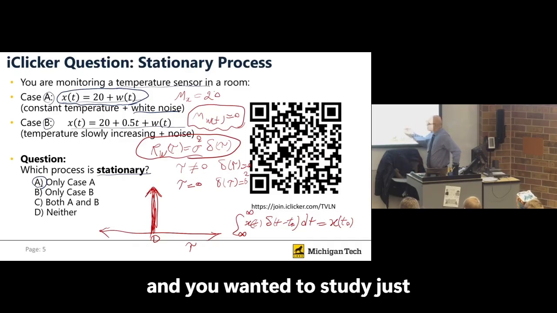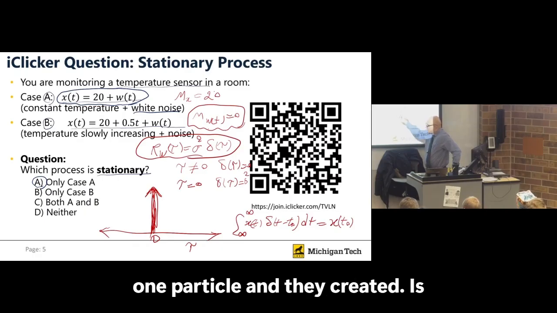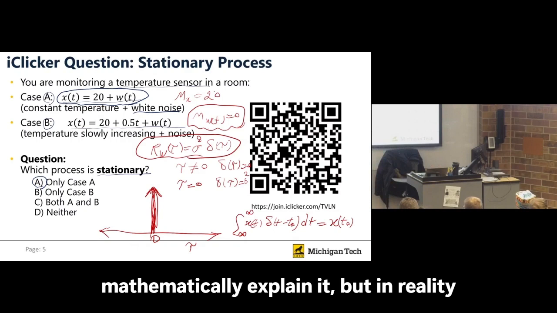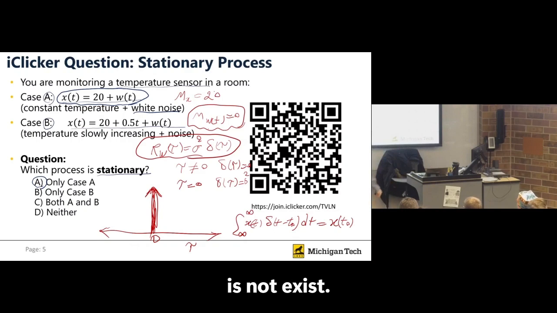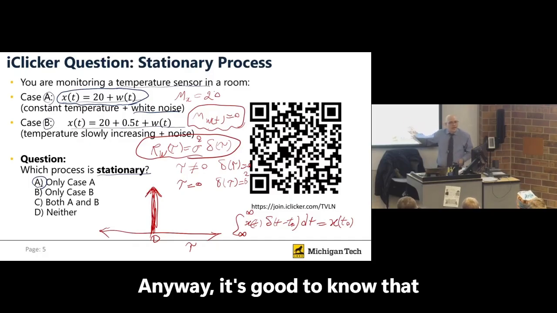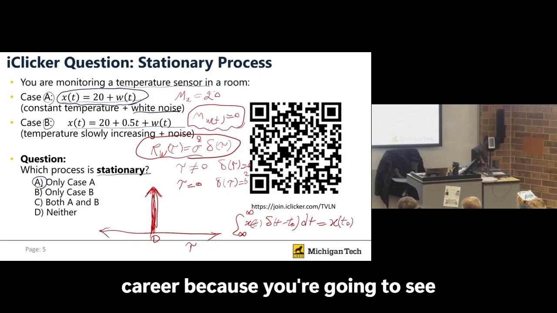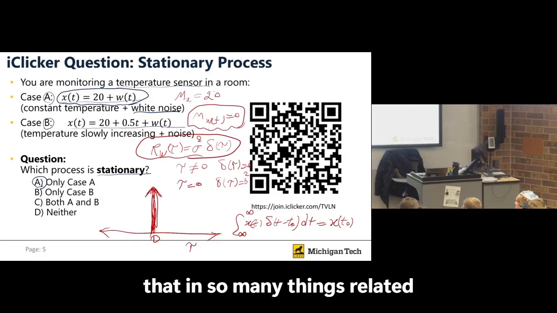They created this Dirac delta function to explain it mathematically. But in reality, it does not exist. Anyway, it's good to know for your career, because you're going to see it in so many things related to signal processing.